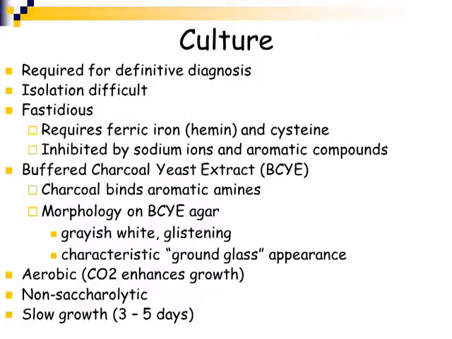It is an aerobic organism. It does grow better in the presence of CO2. So you'd want to incubate your sputum. Sputums are usually incubated in a CO2 incubator so that you can get these fastidious organisms to grow. It is non-saccharolytic and it has slow growth. You won't see a colony for 3 to 5 days.